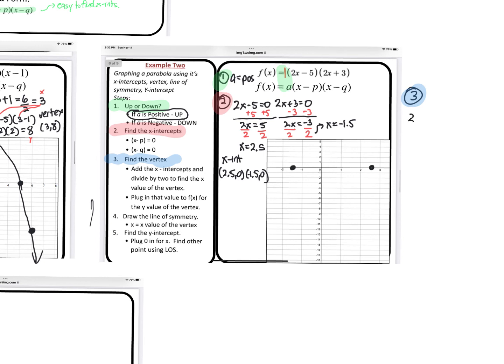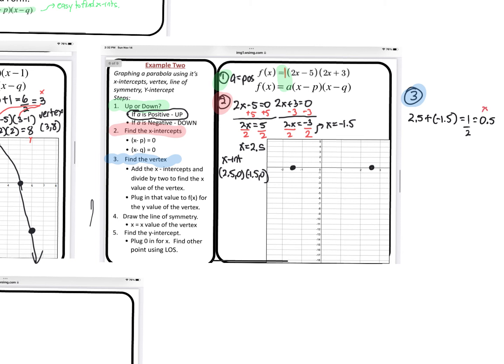So we go 2.5 plus a negative 1.5, and that's just going to give me 1. And then I have to divide that by 2, and that is going to give me 0.5.